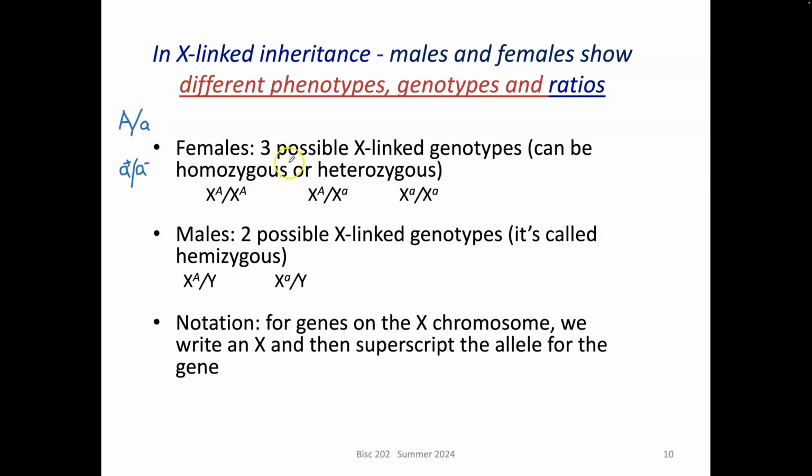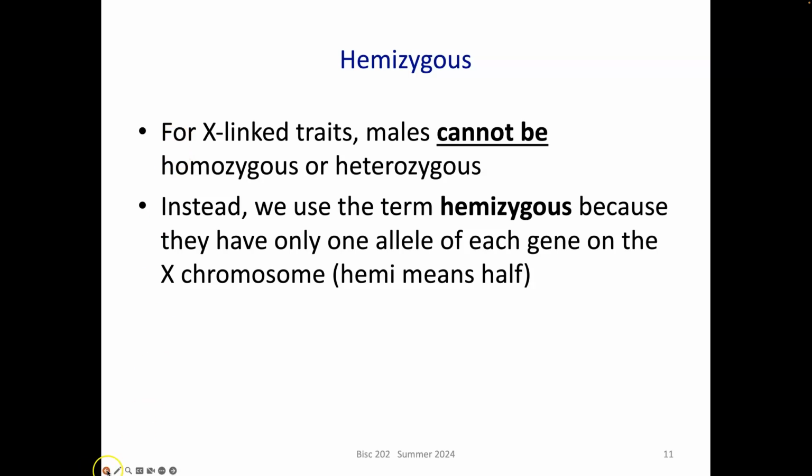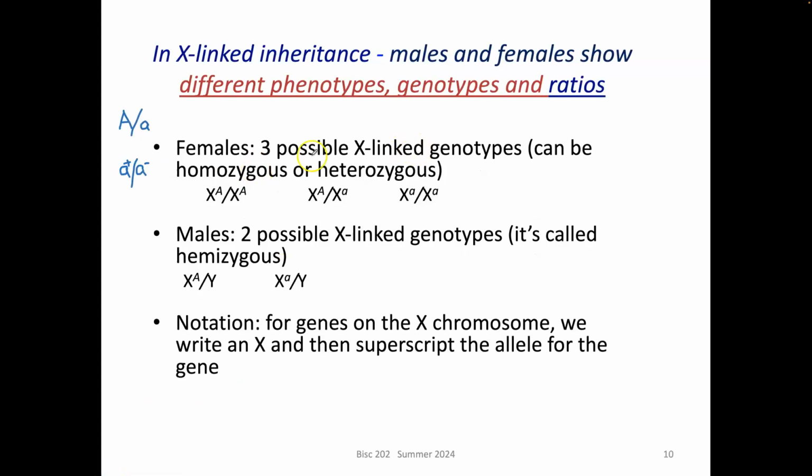Females, there are three possible X-linked genotypes for a single gene. So you can be homozygous, you can be heterozygous, or homozygous for the recessive. And just a note that the way we designate the alleles, we indicate that they're X-linked by writing the X chromosome and then superscripting that this is one of the alleles on that X chromosome.